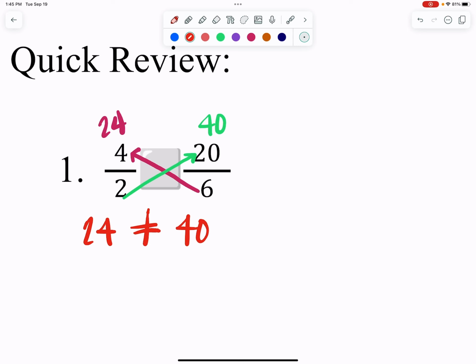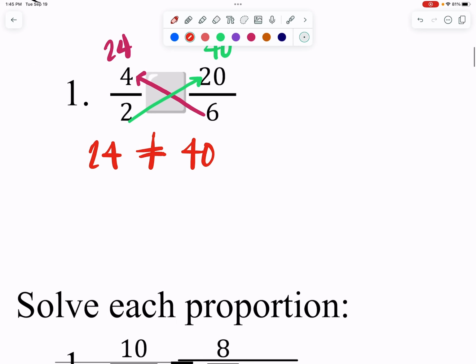That equals sign with the line through it means not equal to, like the no parking sign. Since 24 does not equal 40, 4 over 2 is not equal to 20 over 6.